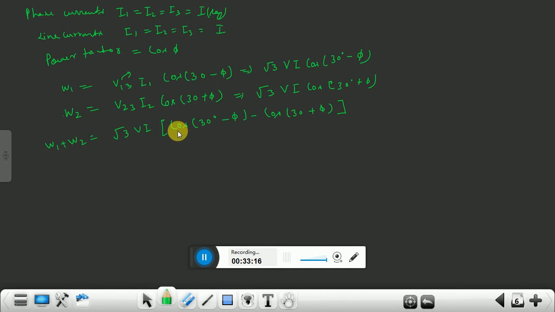Expand this cos 30 minus 5 and cos 30 plus 5, we get 3 V I cos 5. So this is your total power, this is your total active power consumed by load.